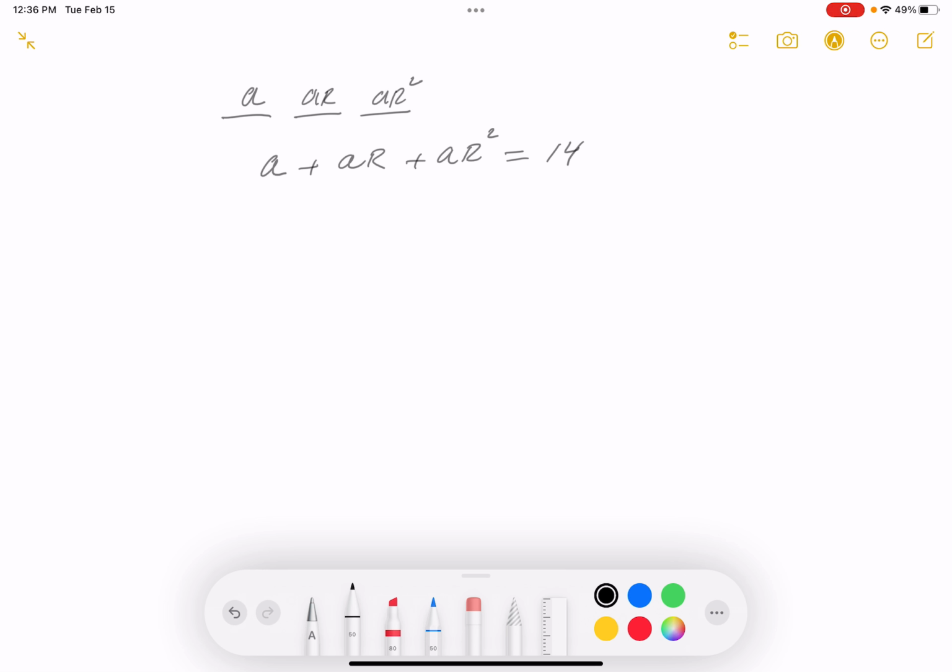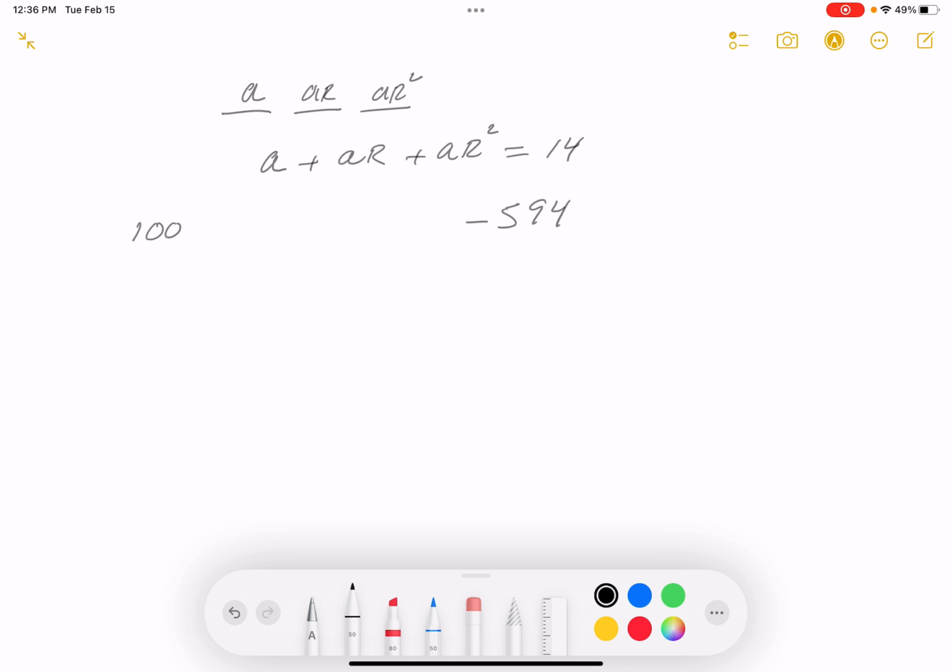If 594 is subtracted from the number, so I got to write this down. If I subtract 594 from the number, what's the number going to be? 100A plus 10AR plus AR squared. What they claim is if I subtract 594 from the number, the digits will be reversed.